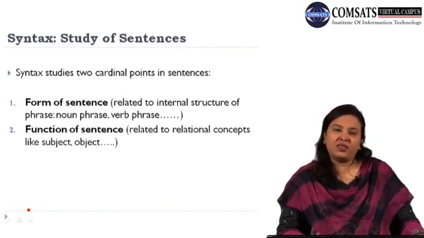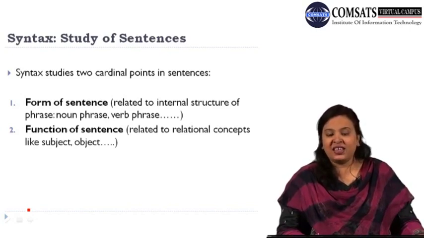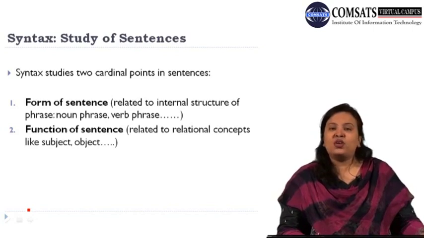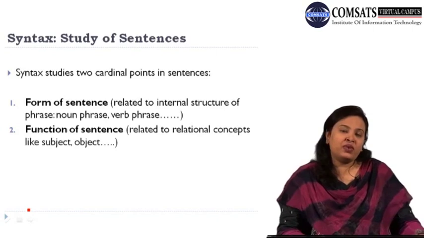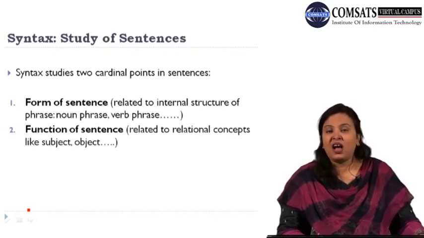Now the forms of sentences, what do I mean? I mean something related to the internal structure of phrases, because sentences are composed of phrases. So the internal structure of phrases: what is a noun phrase, what is a verb phrase, what is an adjectival phrase, how they are made up, their forms.